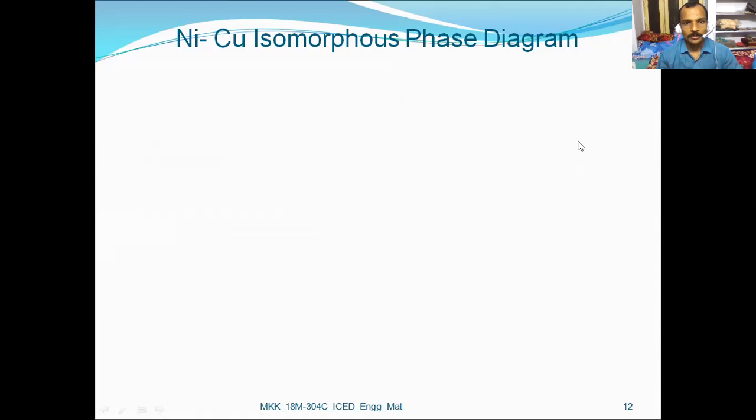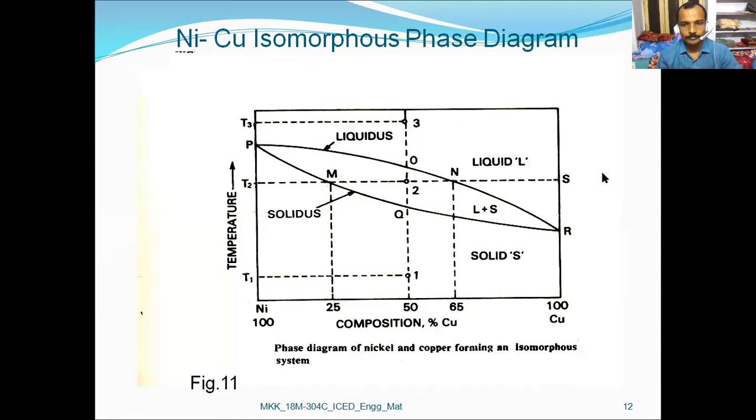nickel and copper alloy. So this is the phase diagram of nickel and copper in an isomorphous system. So here nickel, from here 0, 10, 20, 30, 40 up to here taking as 100, and copper 0, 10, 20, 30 up to 100 copper.